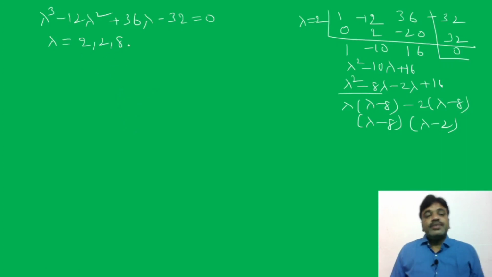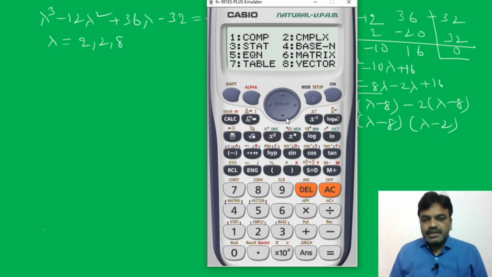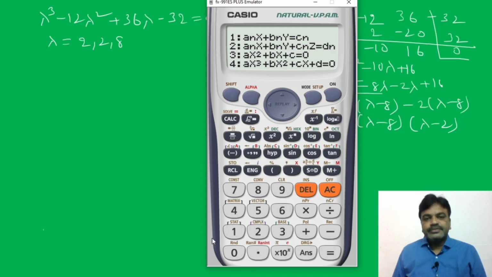Now here we can also find these roots by using the calculator. Let us see. So press the mode button here. Now if you observe here, we get equation. What is the number, friends? 5. So press 5. What is our degree here? 3. So degree here is ax cube. So what is the number here? 4. So plus 4.